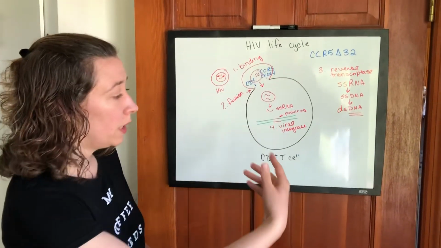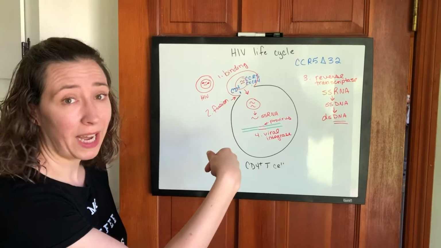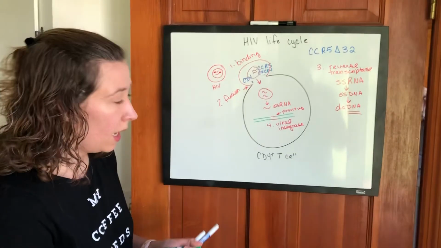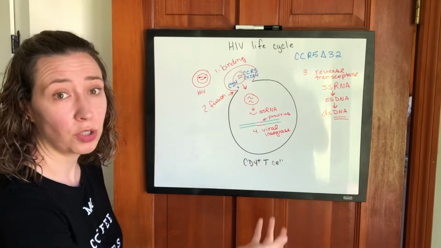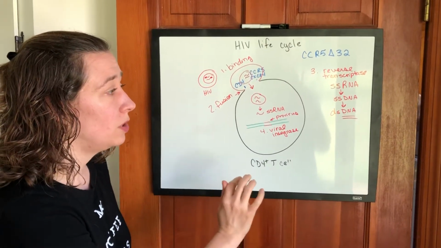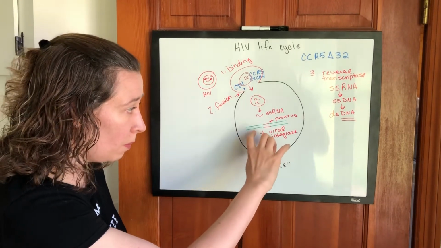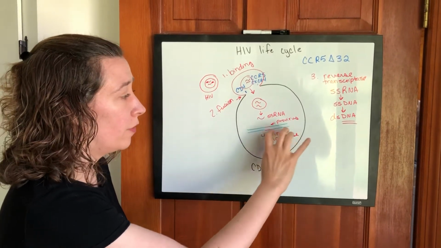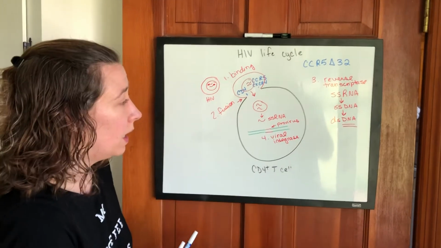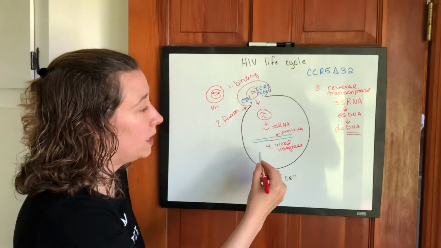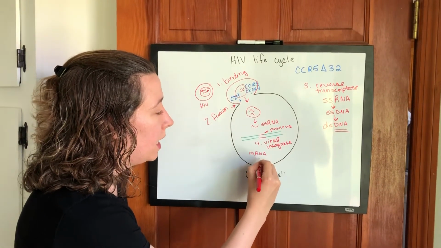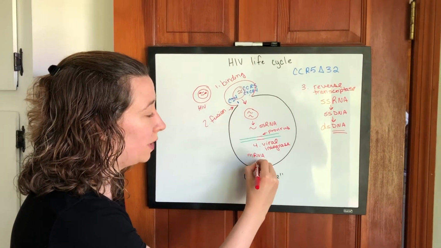Now, at some point later in time, this T cell will become activated by a normal immune response, something like antigen binding, and at that point, the provirus also becomes activated. And so the host cell will actually start to make messenger RNA from the double-stranded DNA that is incorporated into the host cell genome, and it's at this point that you get viral messenger RNA, and then that messenger RNA is translated.